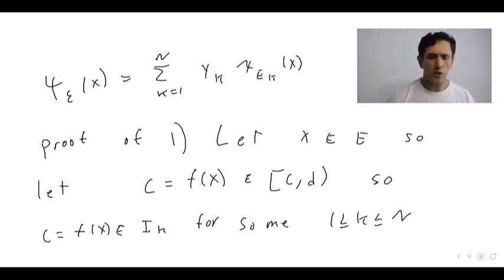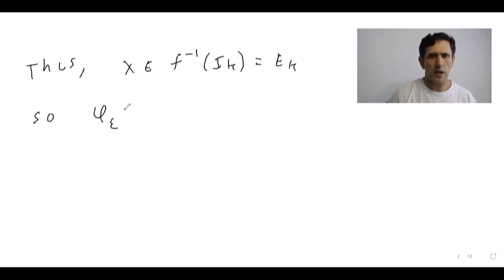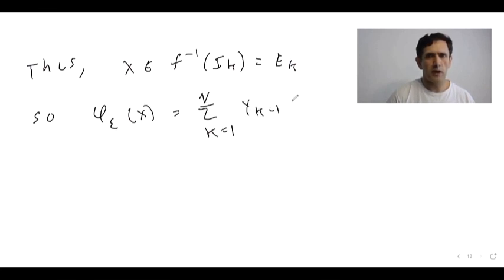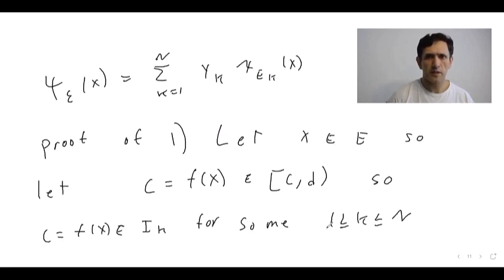All right, so that tells us what this is. Just a reminder, this is the sum over k equals 1 to n of y_{k-1} times the characteristic function of Ek. So let's put a 0 here.